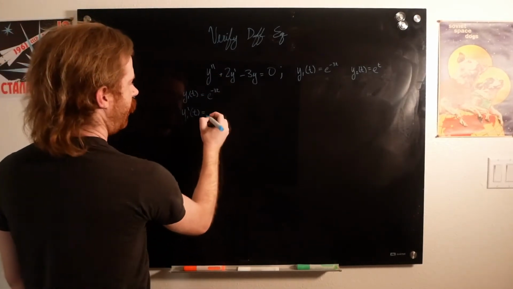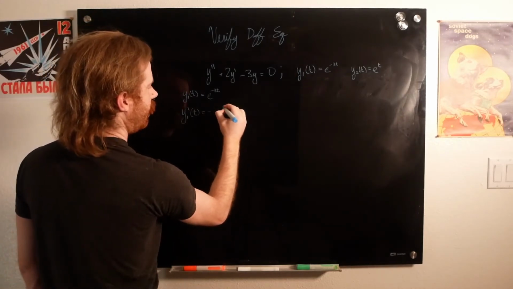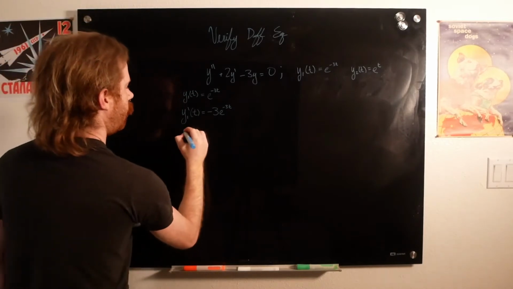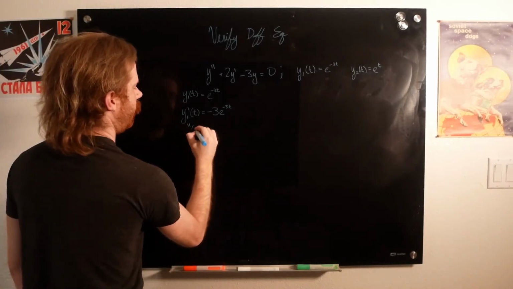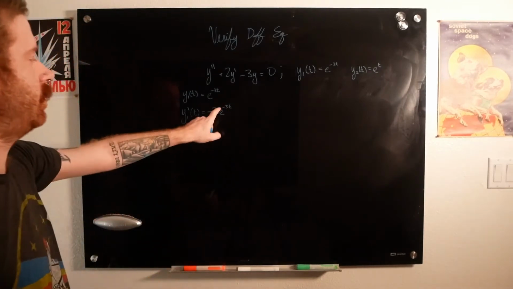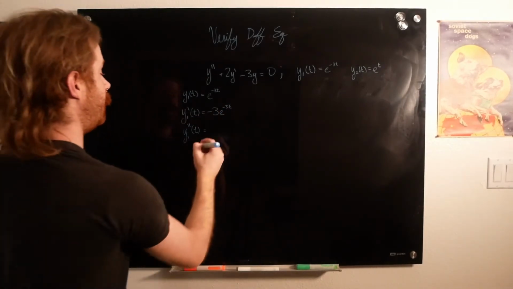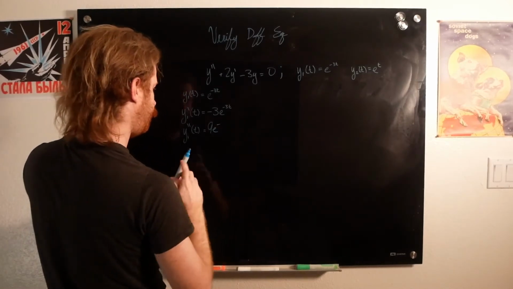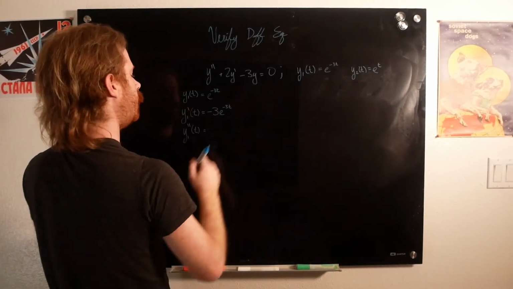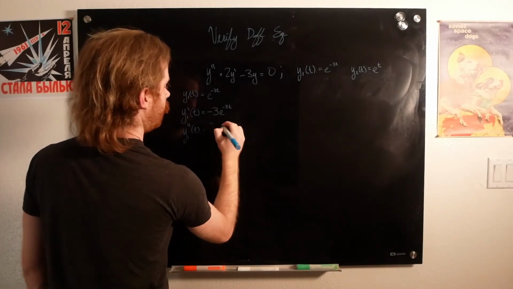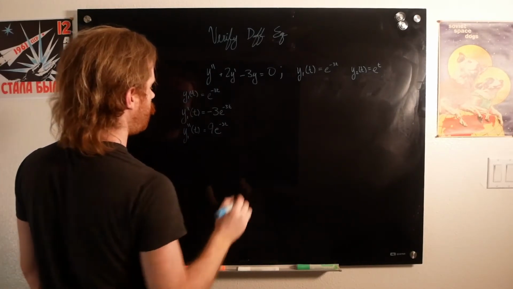We bring the negative 3 down, negative 3 e to the negative 3t, and this part stays the same. Now y1 double prime of t is going to equal negative 3, the coefficient of this term, times the negative 3 again. That's going to give us 9 e to the negative 3t.